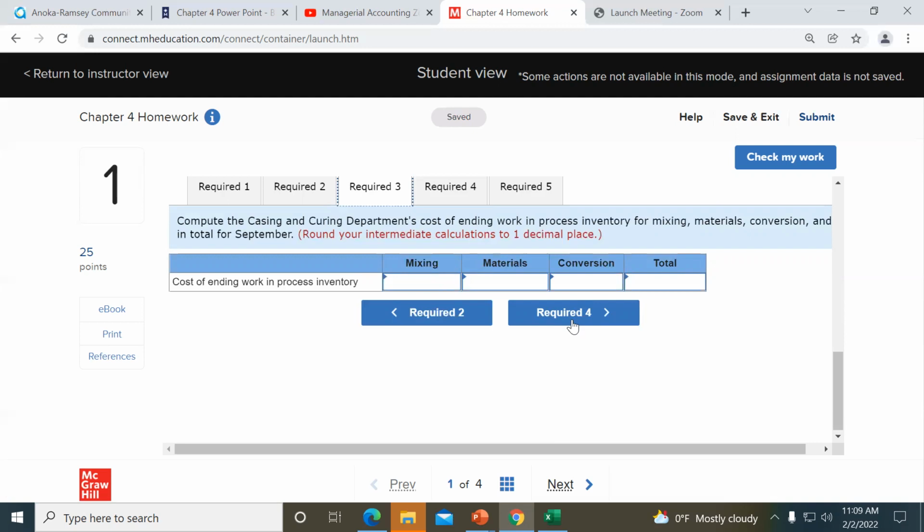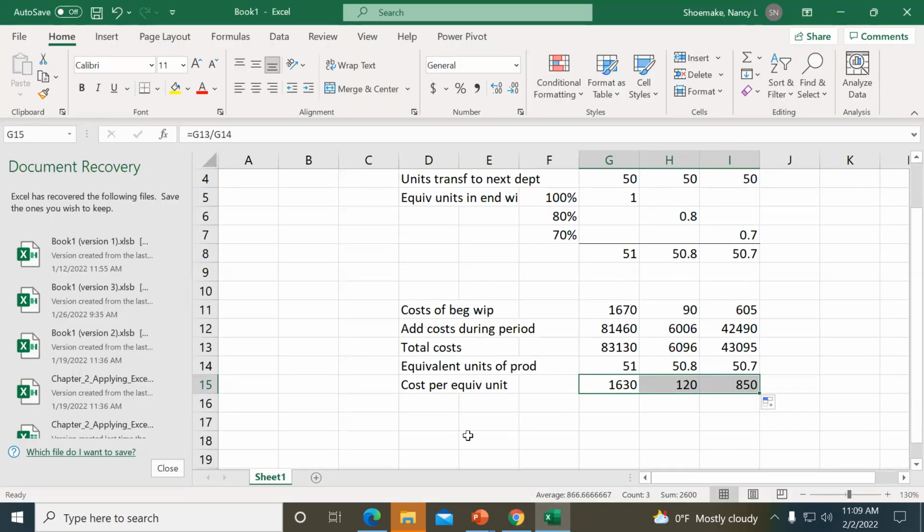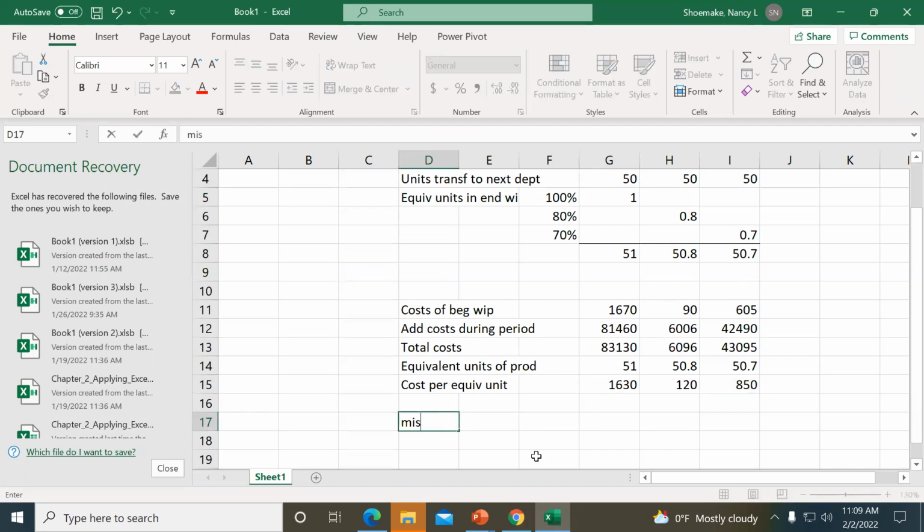If we had 1 unit of production for mixing, was 1 unit of production, right? Equal this times 1.